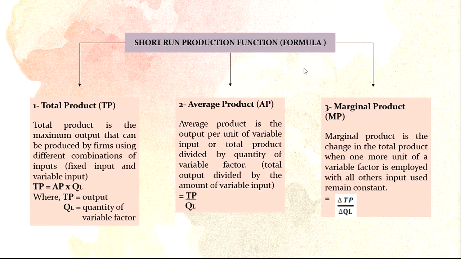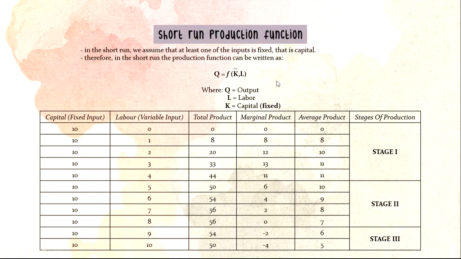Okay, we move to the short run production function. In the short run, we assume that at least one of the inputs is fixed, and that is capital. Therefore, in the short run, the production function can be written as Q, which is output, equal to a function of capital (fixed) and labor.